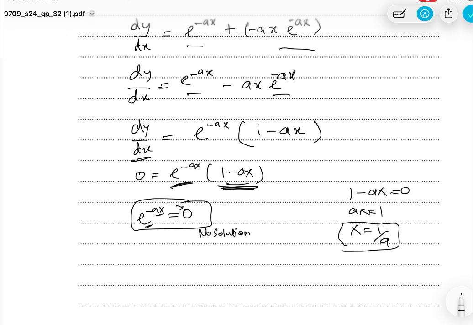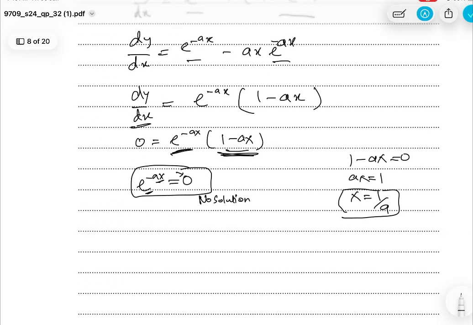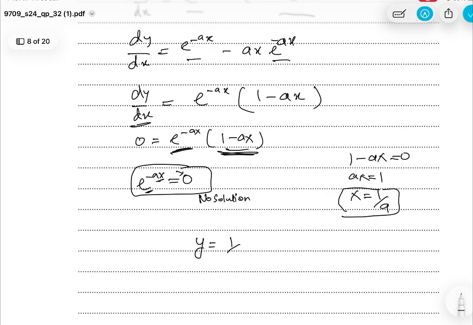Now we have x equals to 1 by a, so put 1 by a over here. So y equals to 1 by a e to the power minus a times 1 by a. Our equation was this only, y equals to x e to the power minus ax. So instead of x, I placed 1 upon a. So these two will be cancelled. So we will have y equals to 1 upon ae.